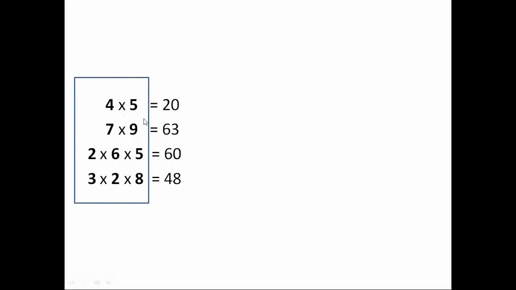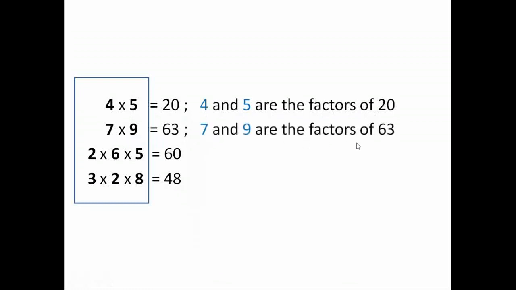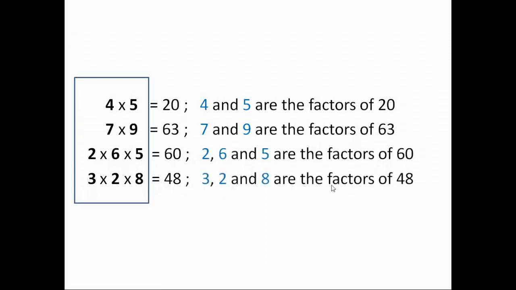So we can say in the first that 4 and 5 are the factors of 20. Here 7 and 9 are the factors of 63. Similarly here 2, 6 and 5 are the factors of 60, and here 3, 2 and 8 are the factors of 48.